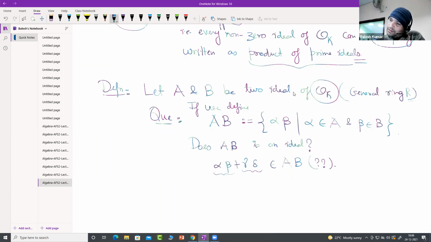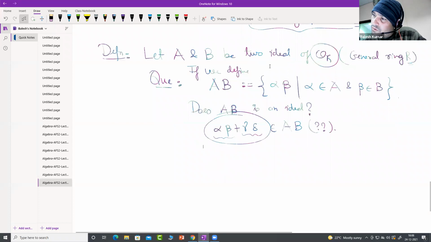So this property may not hold, because this is just the set of products of elements of A and elements of B. But for the definition of an ideal, it should at least be an additive group.